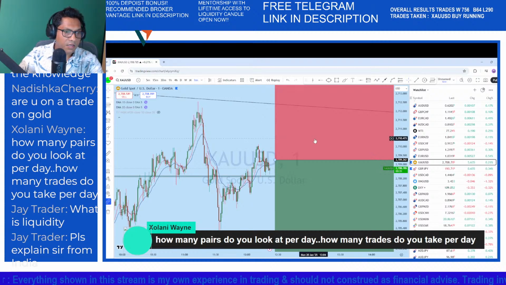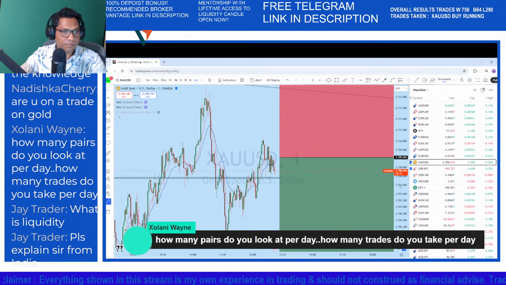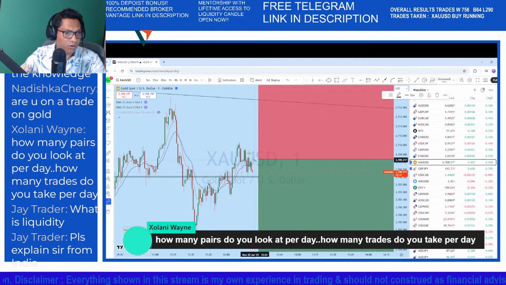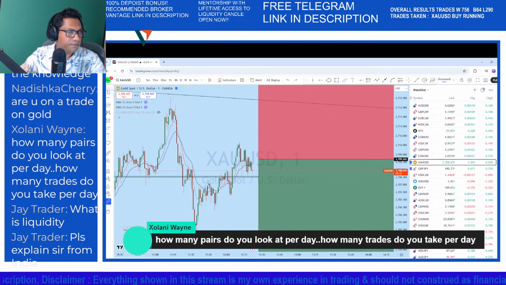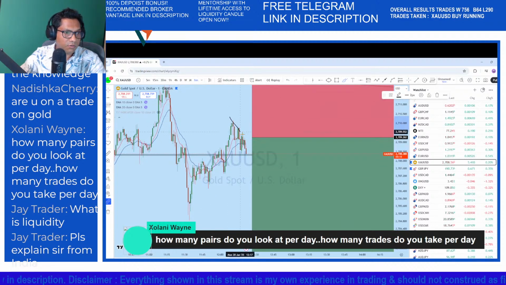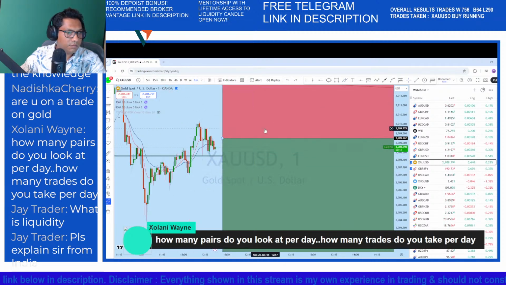Okay, so you can see this is the 1 minute chart, creating a series of lower highs here. Okay, so a series of lower highs, expecting the market to melt in that direction.